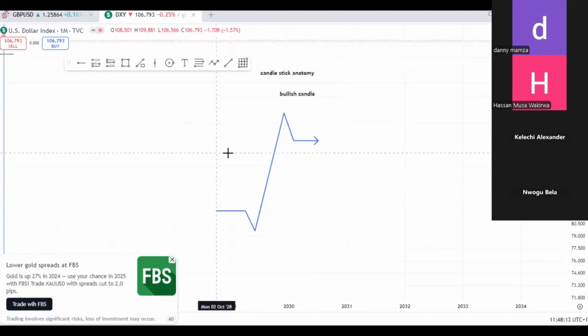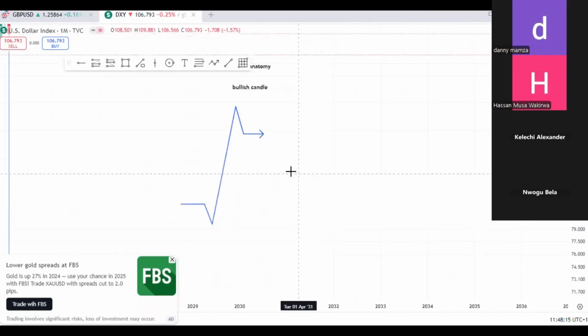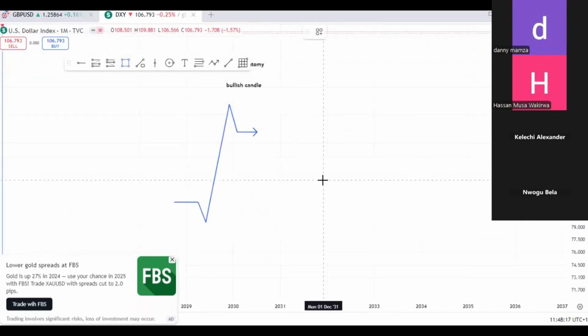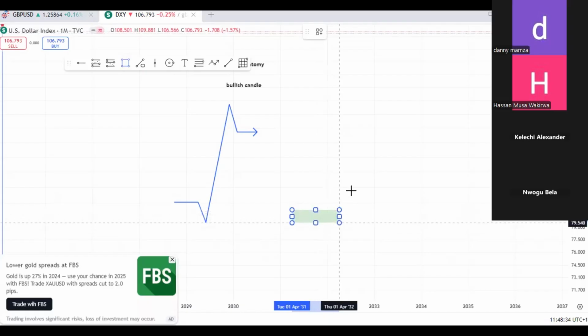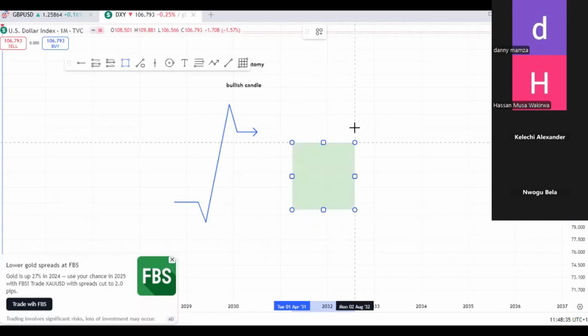So now let me just draw a candle to make it more understandable. You normally see a candle will open like this for a bullish candle. When we use the word bull, we are talking about a buy candle. That's a candle that is going up. So it will open, it will now go down, then go up, and then it will close.